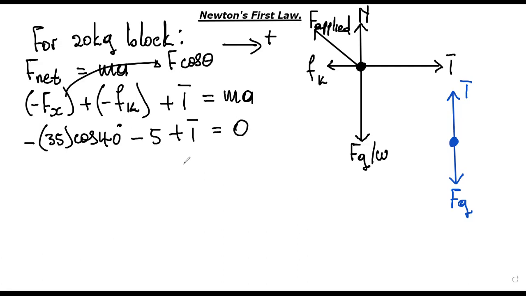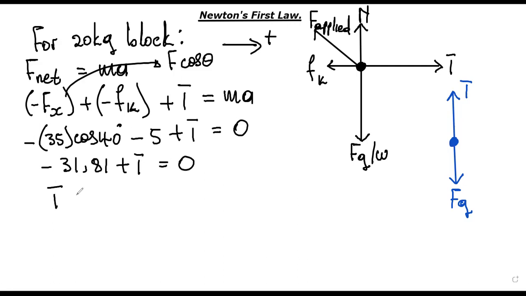So let's see how much you get when you say 35 cosine 40 degrees plus 5. Then you get negative 31.81. And then you say plus T, everything equals 0.